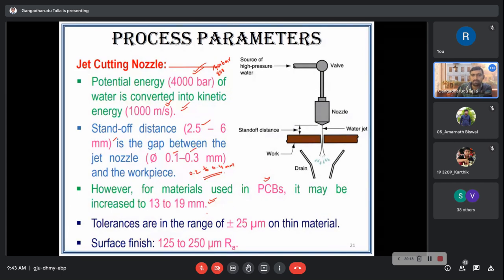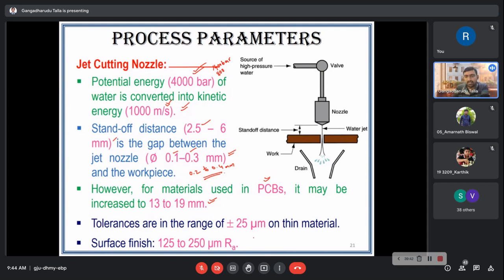You can increase the nozzle diameter if you want less velocity, or you can increase the standoff distance.